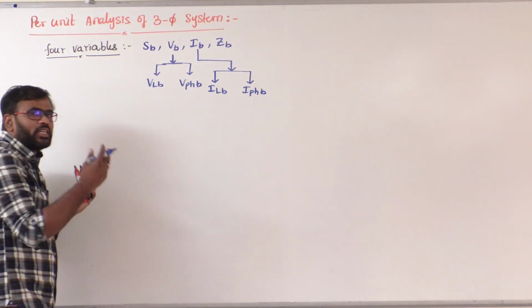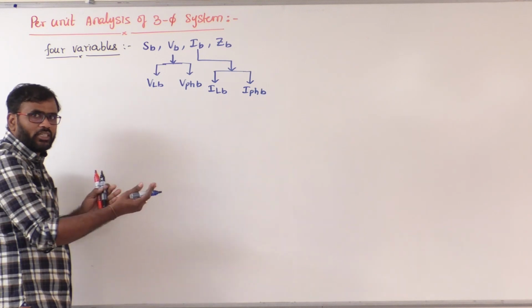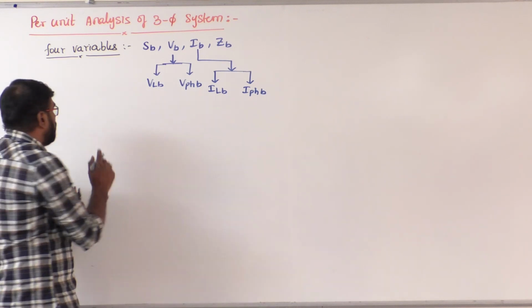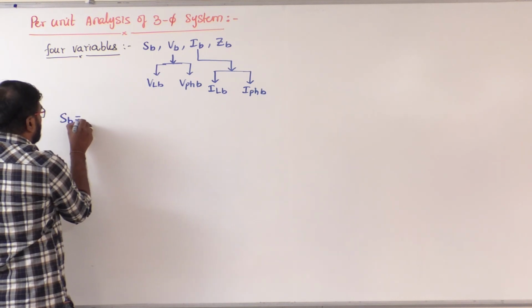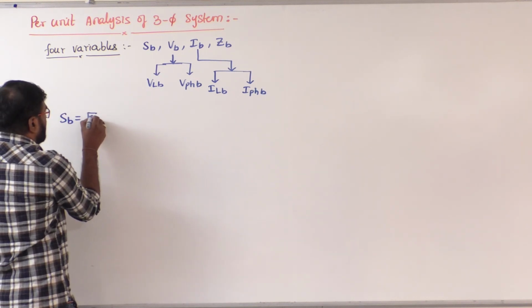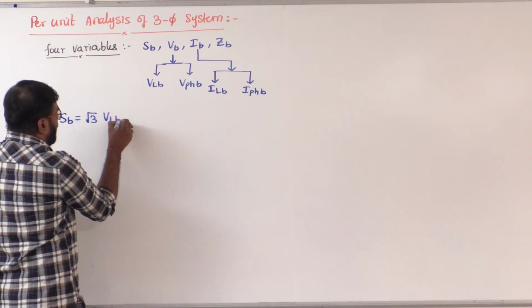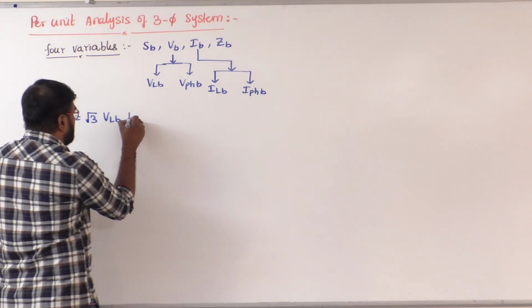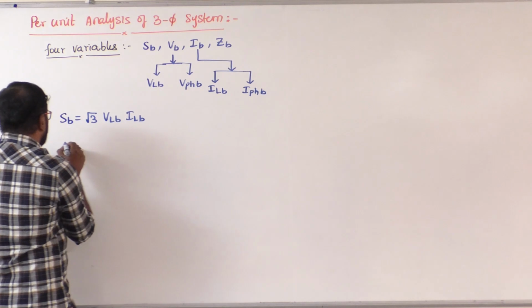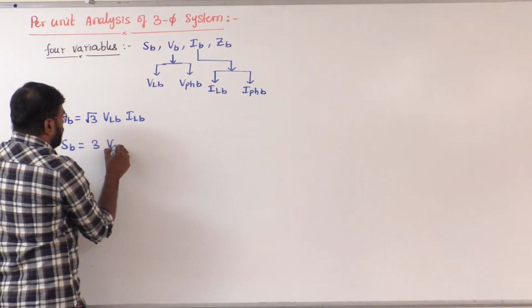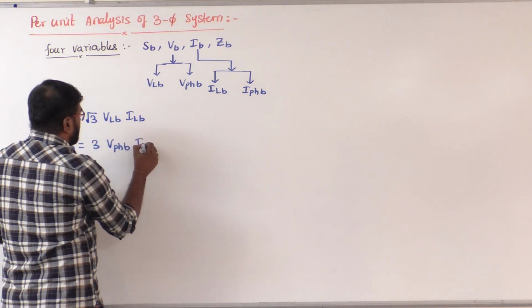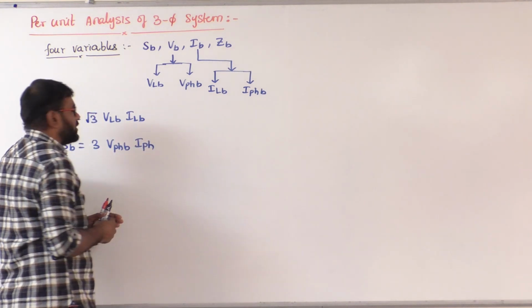Now we will see the relation between S, V, I and Z. It might be a star connection or a delta connection, these relations are valid. So I can write S base equals root 3 times VL base, that means line voltage base, multiplied with line current base. You can also write S base equals 3 times phase voltage base multiplied with phase current base.